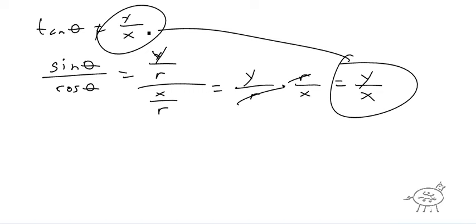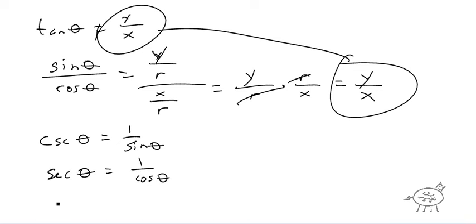All right, and just remember, of course, cosecant of theta is 1 over sine of theta, secant of theta is 1 over cosine of theta, and cotangent of theta is 1 over tangent of theta, or, if sine over cosine is tangent, isn't cotangent cosine over sine? Very interesting.